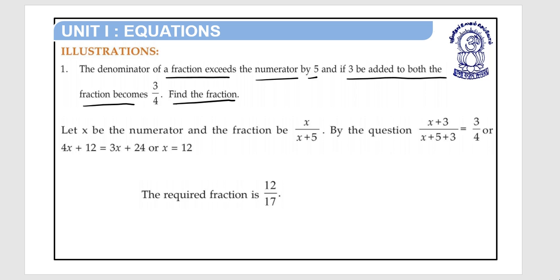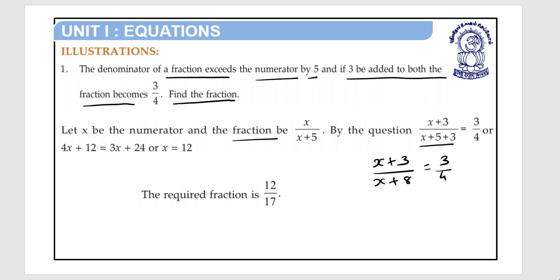Let x be the numerator and the fraction be x upon x plus 5. By the equation, x plus 3, 3 added. So x plus 3 upon x plus 5 plus 3 is equal to 3 by 4. So x plus 3 upon x plus 8 is equal to 3 by 4.